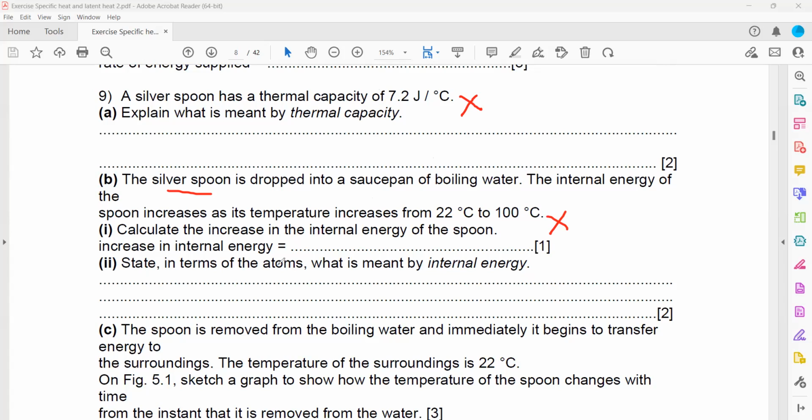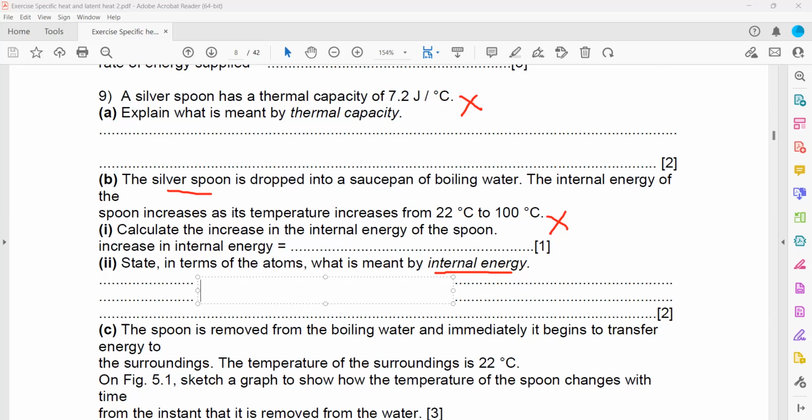And B2, state in terms of atoms what is meant by internal energy. What is the definition of internal energy? The energy inside the lattice, or you can also say the sum of kinetic and potential energy of the particles. It's the same as the total energy of the lattice, but because it's 2 marks, how do you score 2 marks?